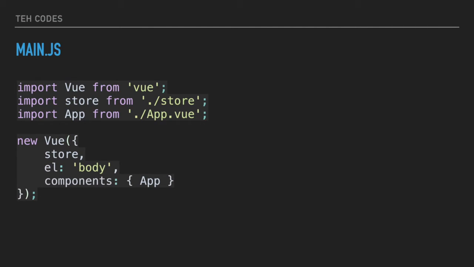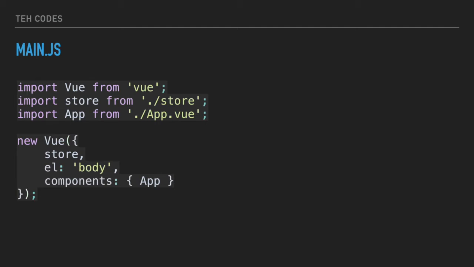Main.js looks like this. This is the entire thing. I'm using ES6 syntax here. I'll try to explain things as we go along. These are the import statements, replacing require statements, etc. So we're just importing Vue itself from Vue, still via npm.